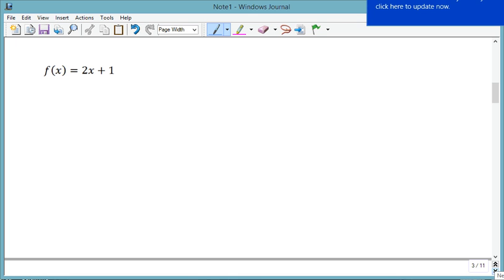Okay, so let's think about this function right here. If you were going to graph this, you should recognize this as a line, right? A line with slope of 2 going through 1. When we have an equation and we're trying to find the domain, we're trying to think about what are the possible numbers that I could put in for x. In fact, with most things you can put anything in for x, any real number.